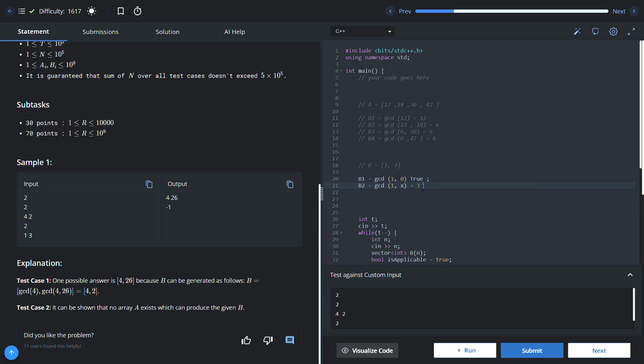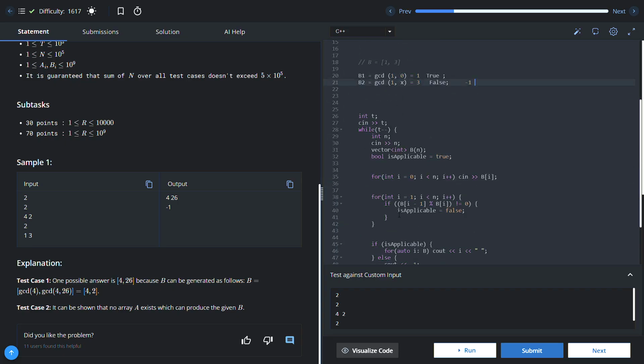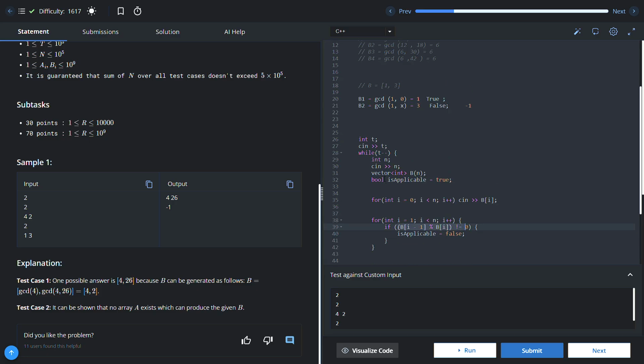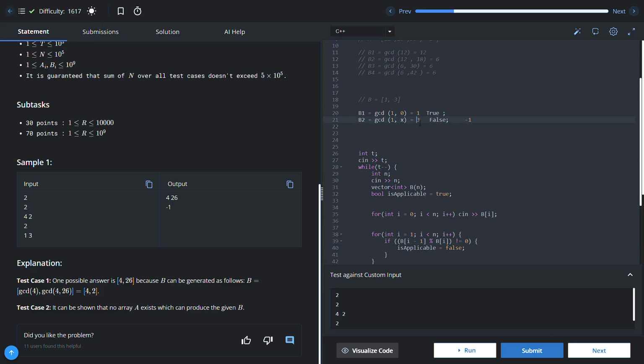Is it possible that 3 can divide 1? No, never. Because at this step GCD is 1, and in the next step we get GCD 3. That means this is a wrong statement. This is not possible. So we return -1 in that case, if this modulus is not equal to 0.